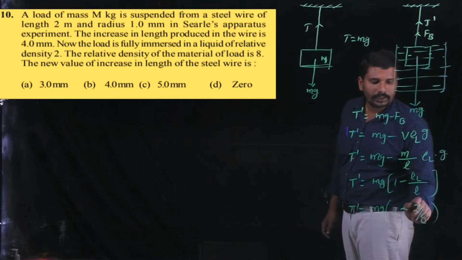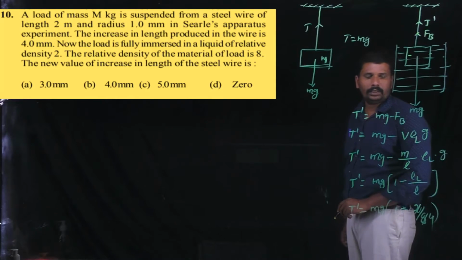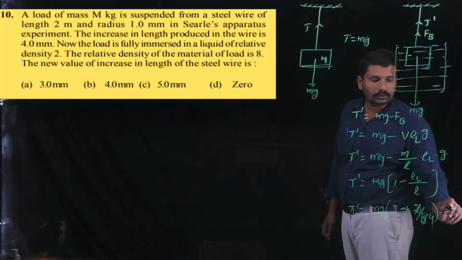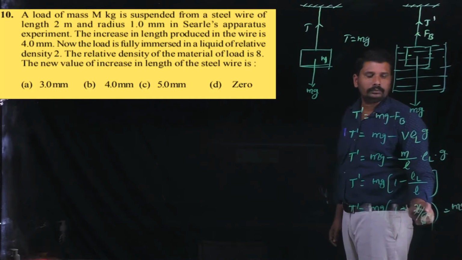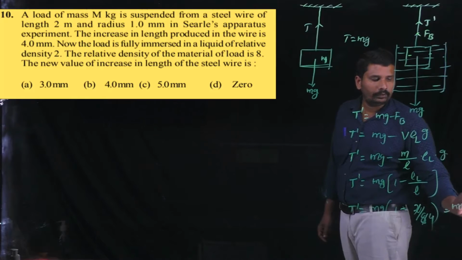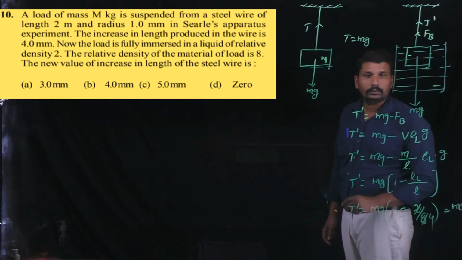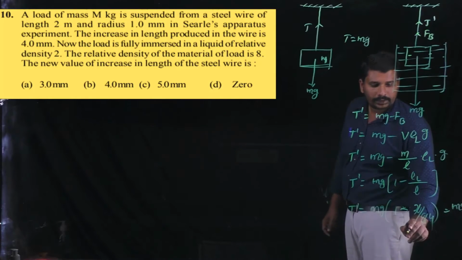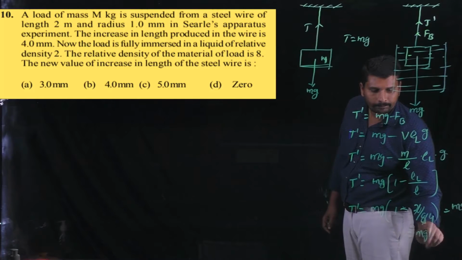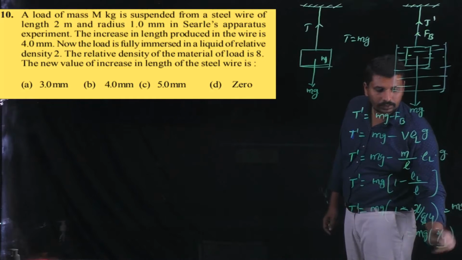By solving this, it is 1 minus 1 by 4, that is equal to mg into 3 by 4.